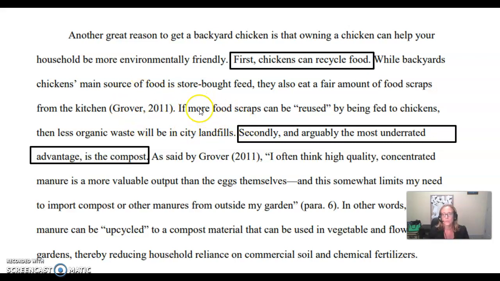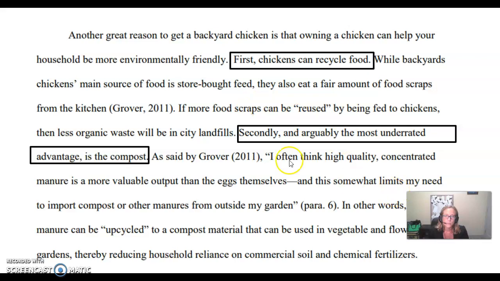The only time I don't cite a detail is here, I'm just making a logical cause effect, right? So Grover said that chickens eat these food scraps. And so I can logically say, if chickens eat my food scraps, then my food scraps don't go in the garbage, and so they don't go in the landfill. So I don't need to cite that because it's just a logical connection that anyone would be able to make.